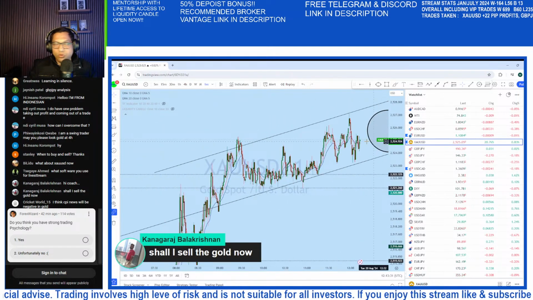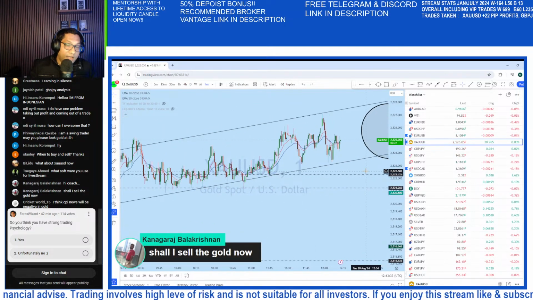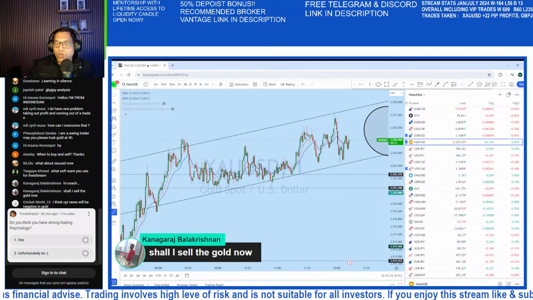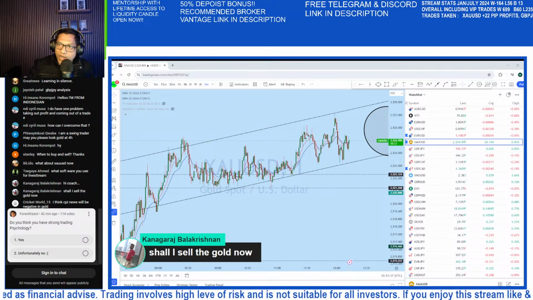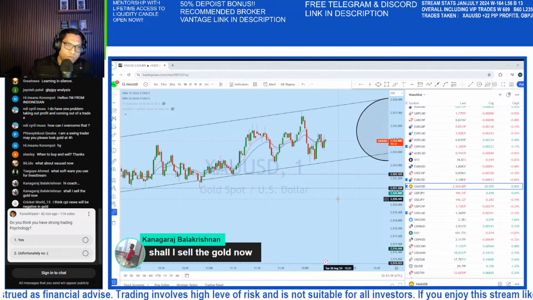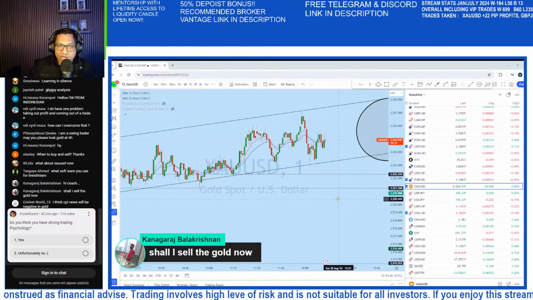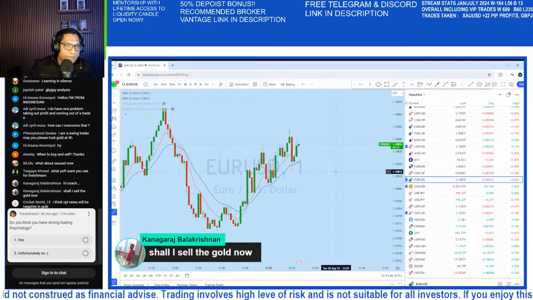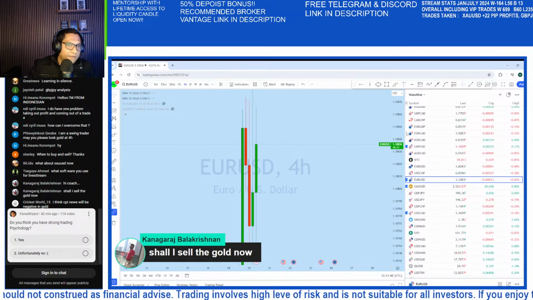Still, I don't see a very nice looking entry, because without a nice looking entry, it's not a good idea to jump on a trade. Patience, guys. Patience is the key.